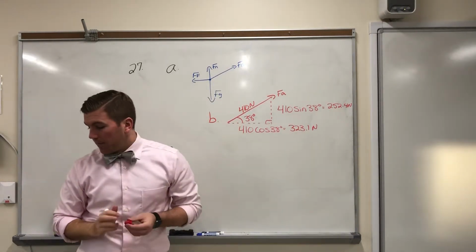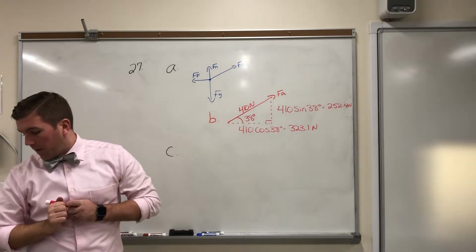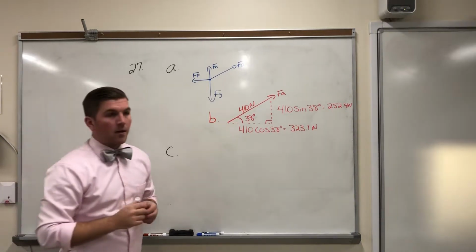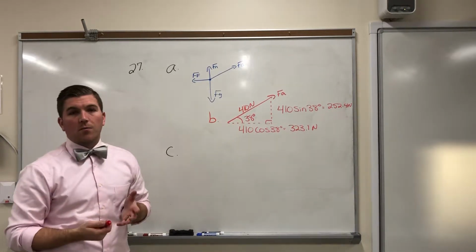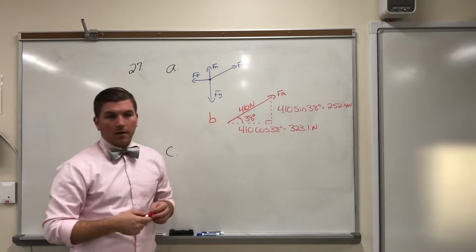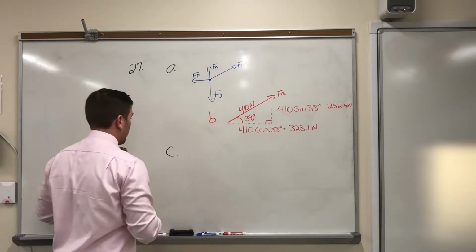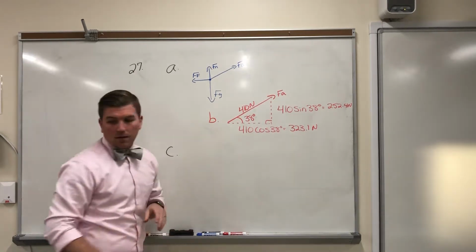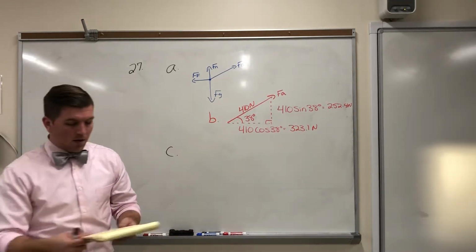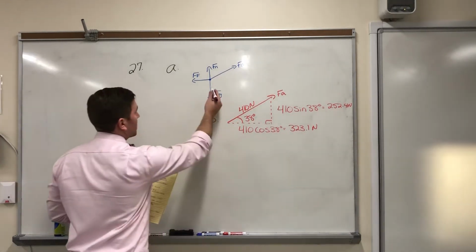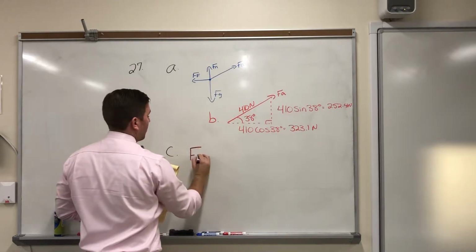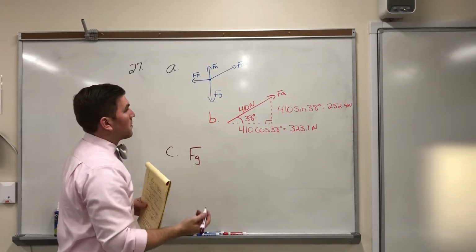For letter C, they wanted us to again find the normal force. And then they wanted us to answer what that normal force does to the force of kinetic friction. So we'll do letter C in this purple color. So if I'm finding the normal force, again I look at what my relationship is. Before it was just that the force of gravity equaled the normal force.